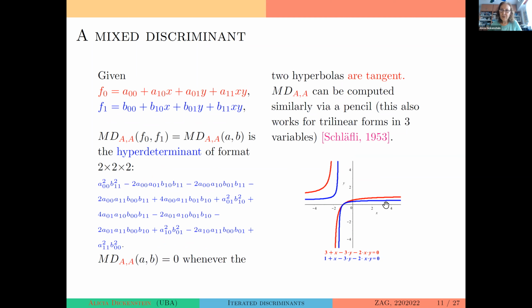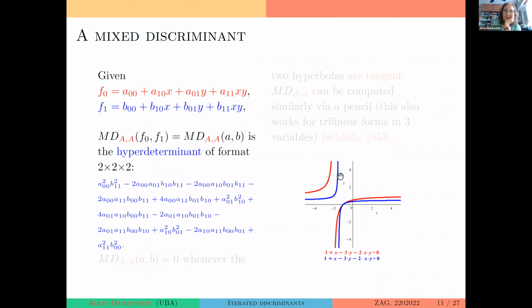So if we evaluate this polynomial at 3, 1, -3, -2, 1, 1, -3, -2, we are going to get 0 because the intersection is tangent. And this mixed discriminant can also be computed similarly via a pencil. This was studied by Schläfli.